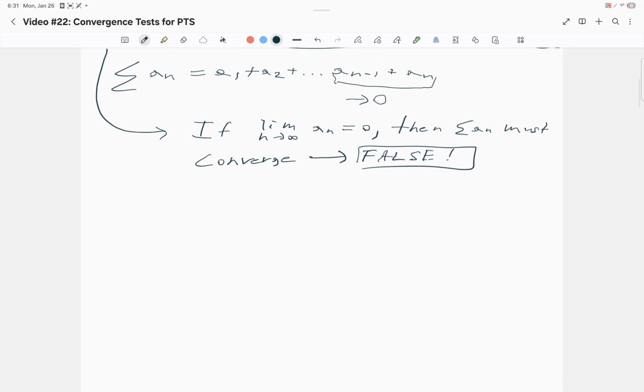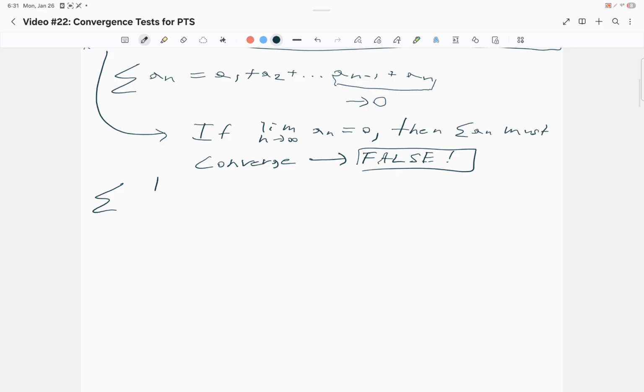Let's get into an example of the nth term test. This is a nice example. You have the series 1 over the nth root of e. If we do the nth term test here, that's another way to write the nth root on the denominator.